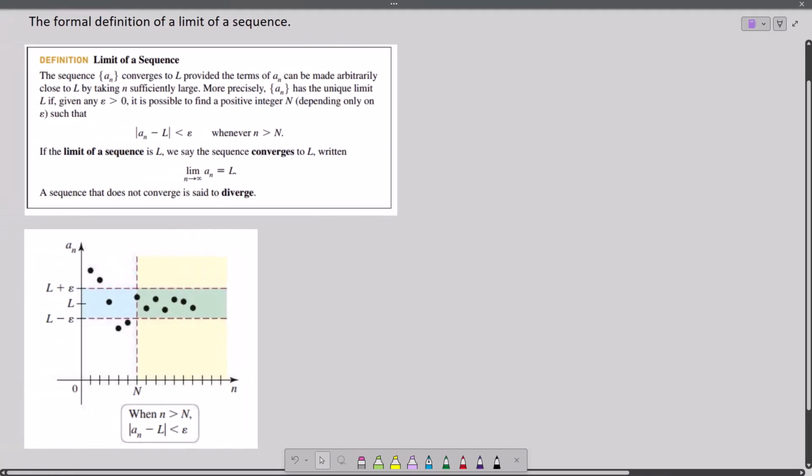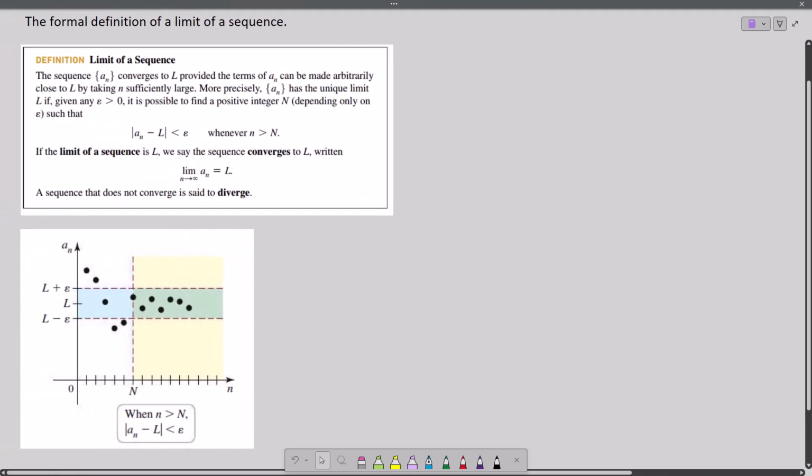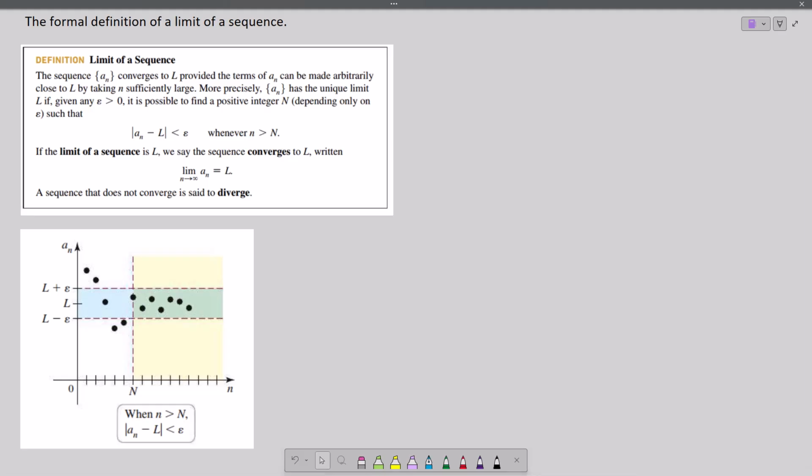So in Calc 1, you had the formal definition of a limit of a function. In Calc 2, we have a formal definition of the limit of a sequence. And it's the same gist. So the idea, if we look at the picture, the sequence of black dots, that's our function.